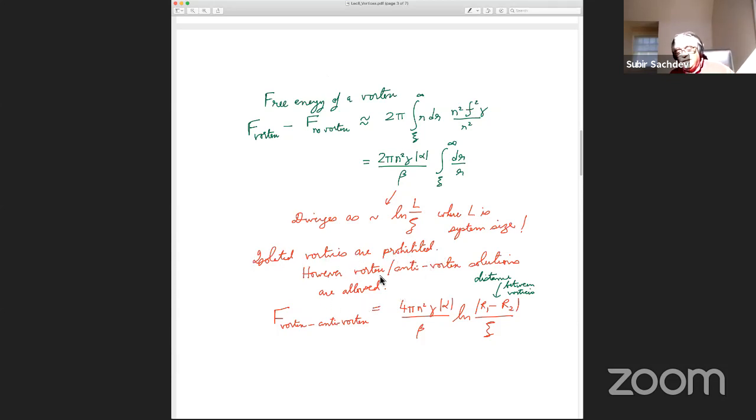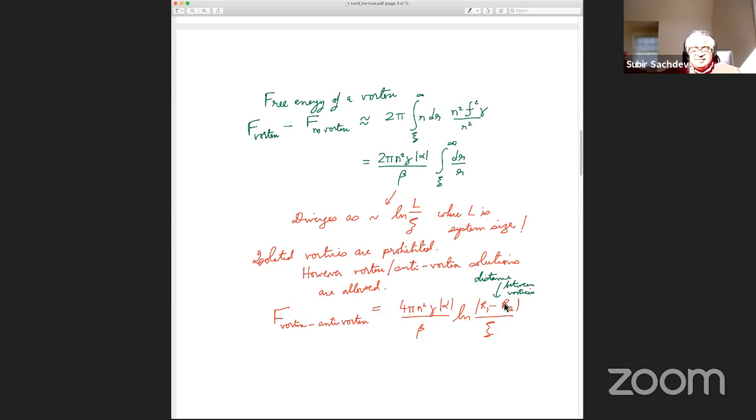However, what you end up having are vortex anti-vortex pairs. You have two of them, like a dipole. When you try to evaluate the energy of the dipole, we're not quite sure exactly what it will be, but we have a guess that as far as the log is concerned, instead of going to infinity, you only have to cut off that integral at the spacing between the vortices.